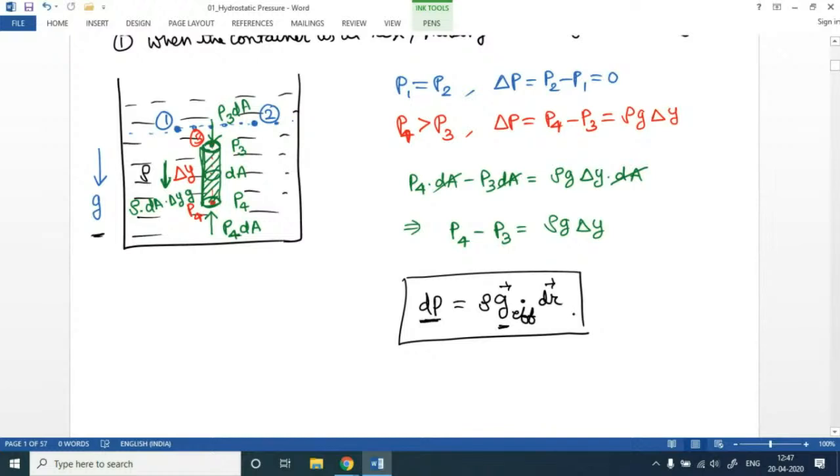So in the direction of g, the change in pressure dP will be positive, meaning pressure will be increasing. So this is one relationship over here.